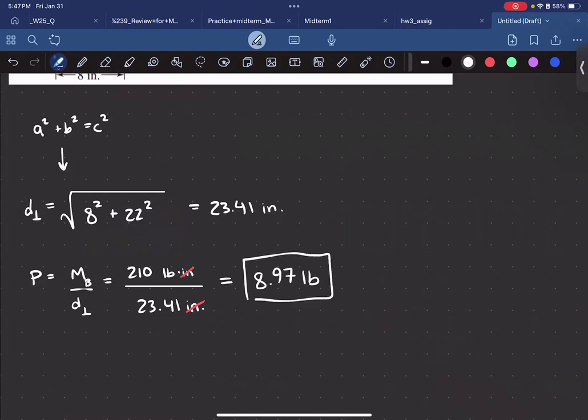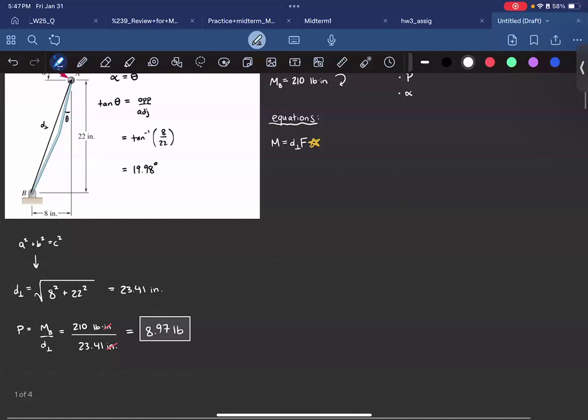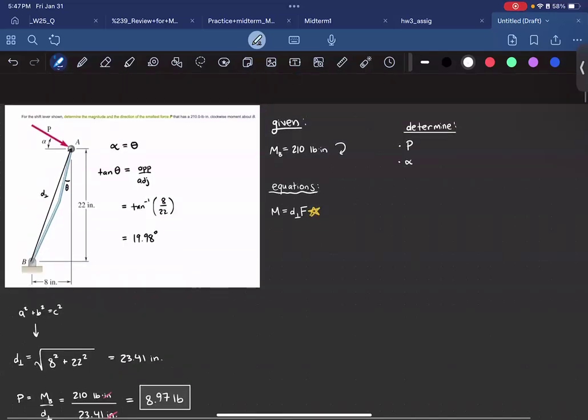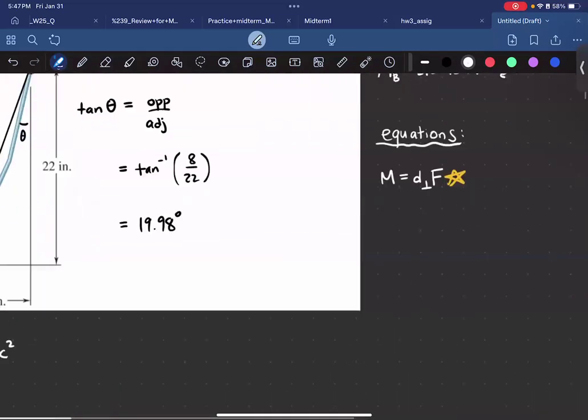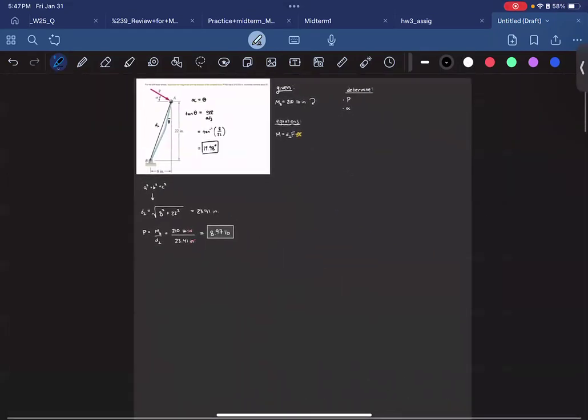So this is the minimum P value that it takes to produce a moment of 210 pound-inches, and the direction is this value right here. So that's problem number one. Let's move on to problem number two.